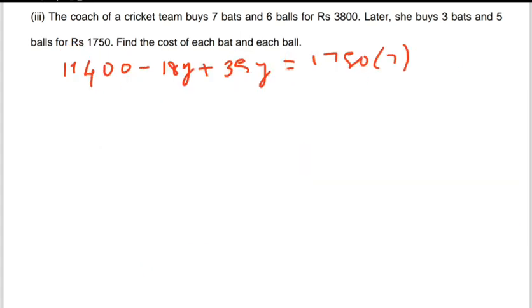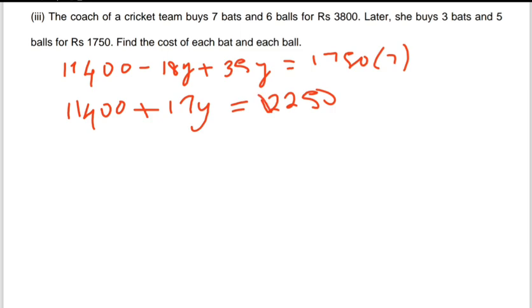So 35 minus 18 gives you 17, so plus 17y. So 1,750 into 7 is 12,250. So now we are taking 17y here and taking the 11,400 to RHS.